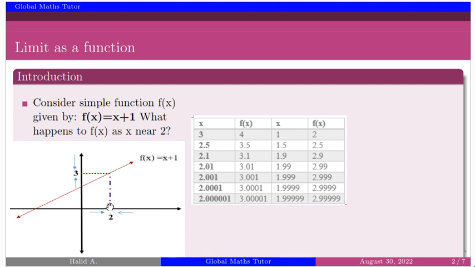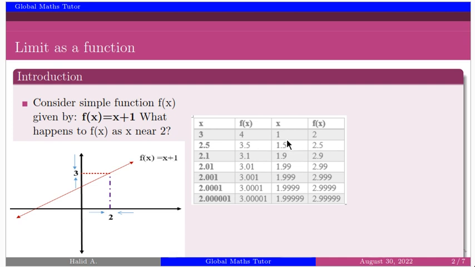And also from the negative side, if we get nearer and nearer to 2, let's start from 1. So 1 plus 1 is 2. At 1.5, 1.5 plus 1 is 2.5, then 1.9.